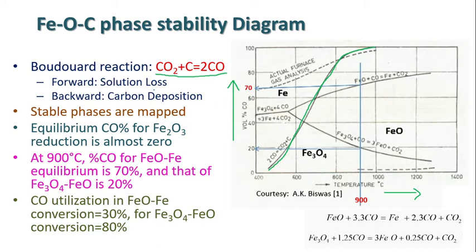The forward direction reaction predominates, which is also called the solution loss reaction or carbon gasification reaction. That means CO2 plus C gives rise to 2CO. The forward direction reaction is called the solution loss reaction or carbon gasification reaction, which generates the reducing agent.